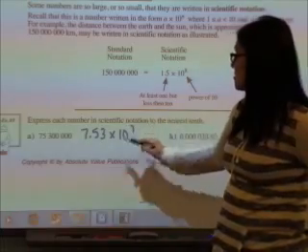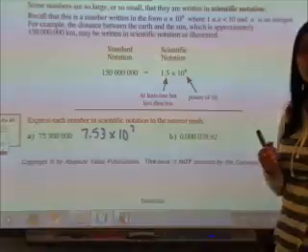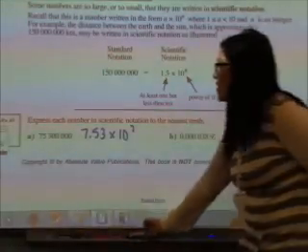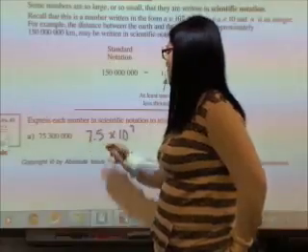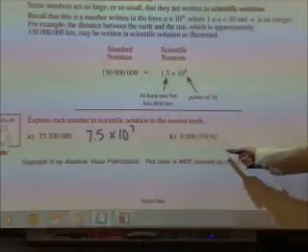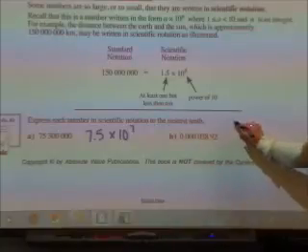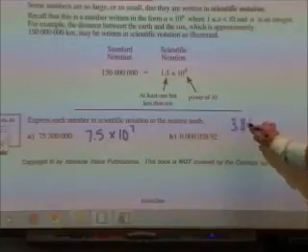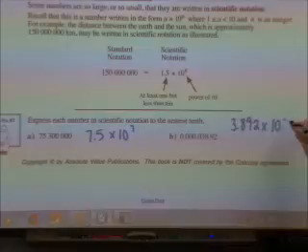7. So if I change it to the nearest tenth, my 7.53 would become 7.5. Now if I take this small number and I write it in scientific notation, it becomes 3.892 times 10 to the power of what? -5.